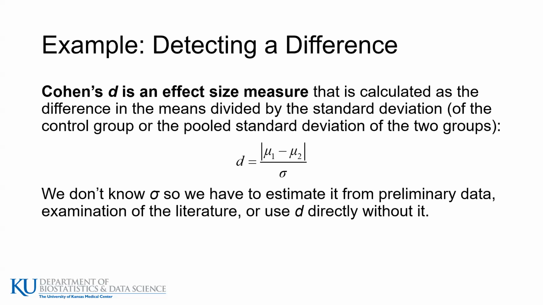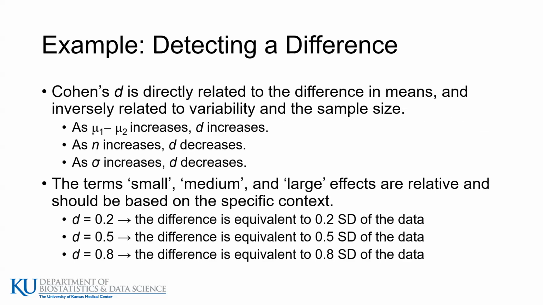We need some way to have some estimate of the standard deviation. Otherwise, we can also use Cohen's d if we don't have that to estimate an effect size.